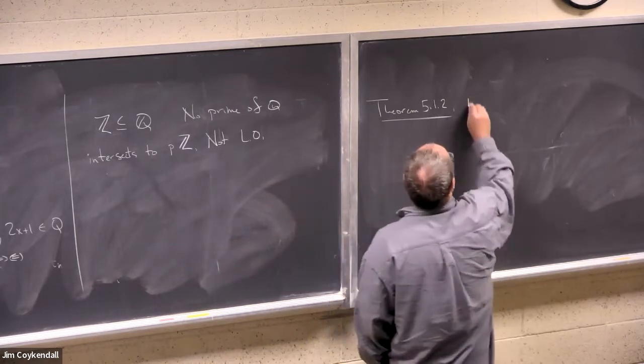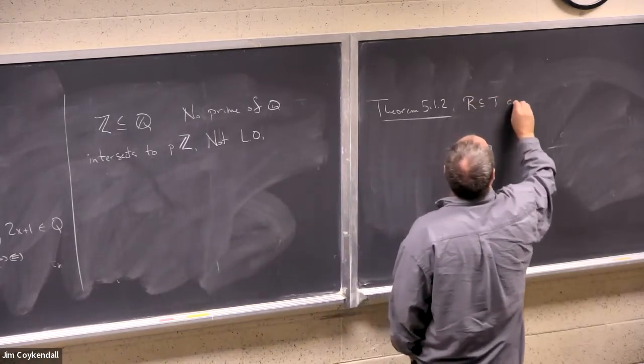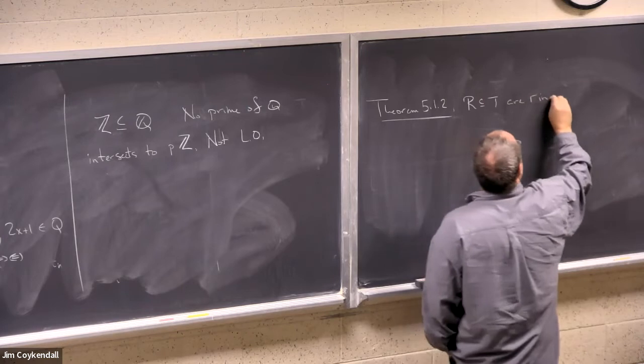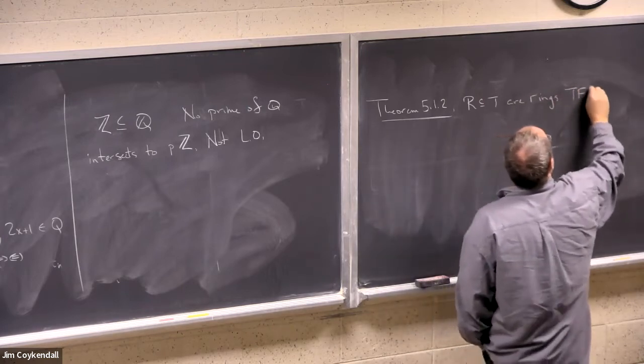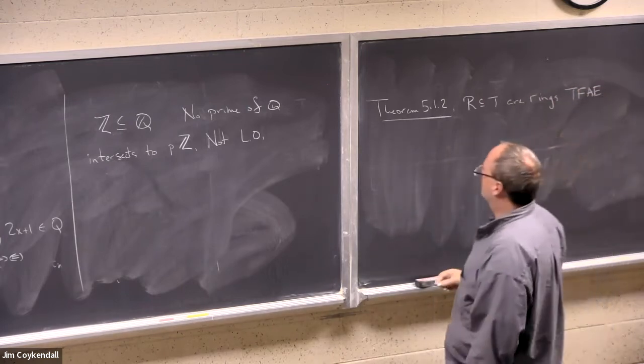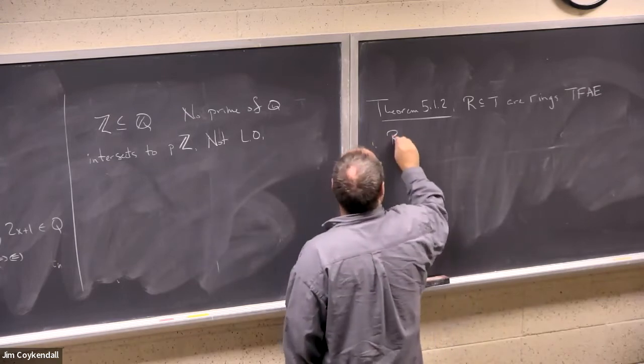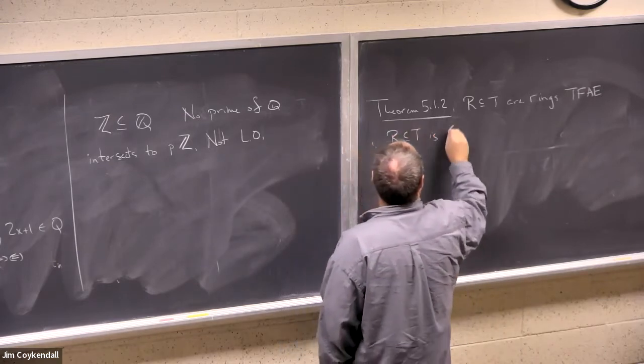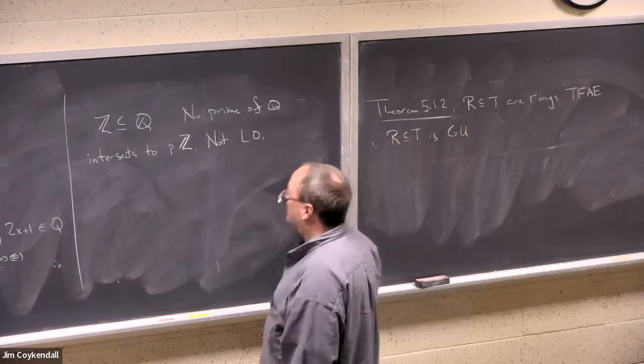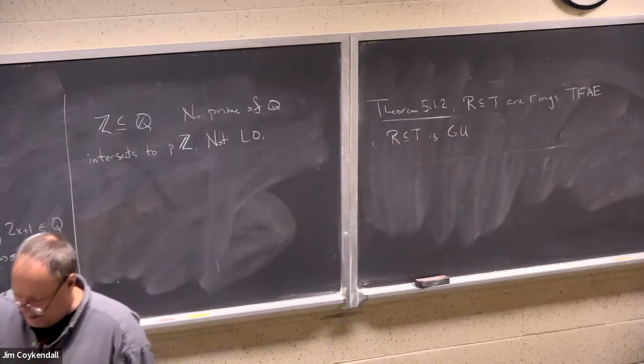R inside T, rings. The following conditions are equivalent. Number one, R inside T is going up. So the extension has this going up property.